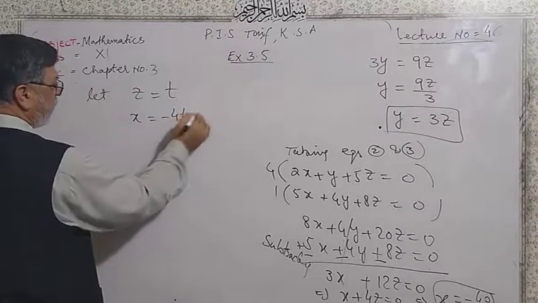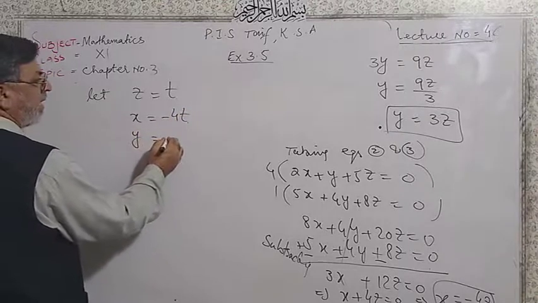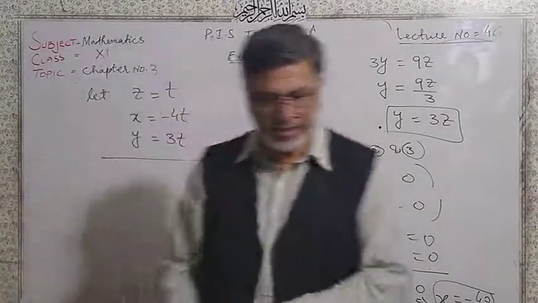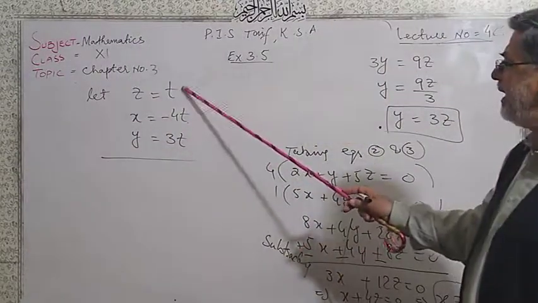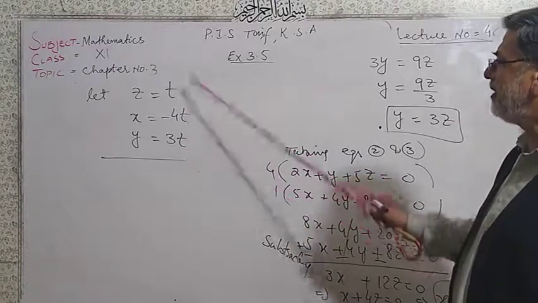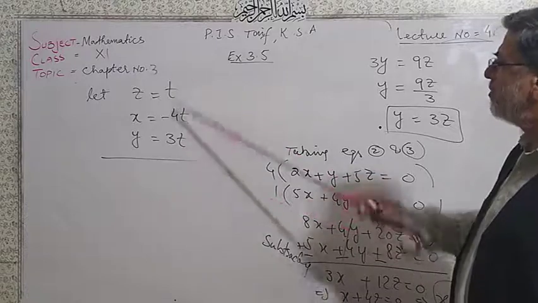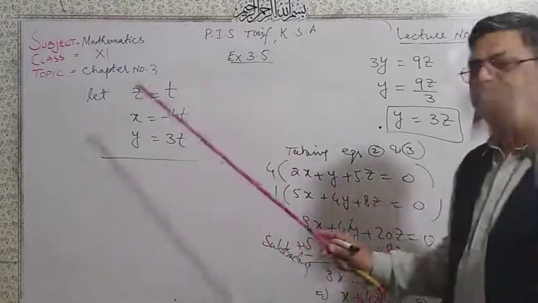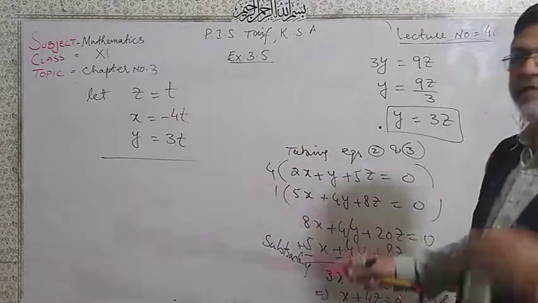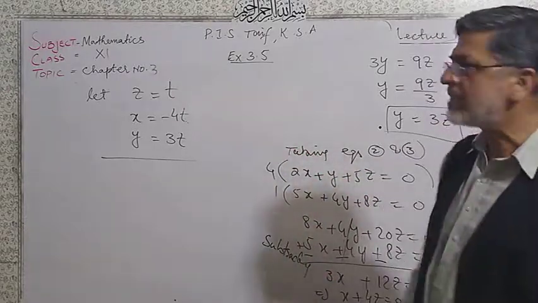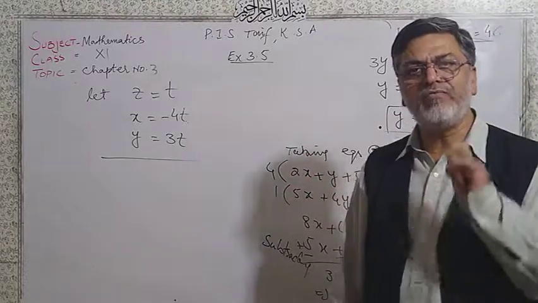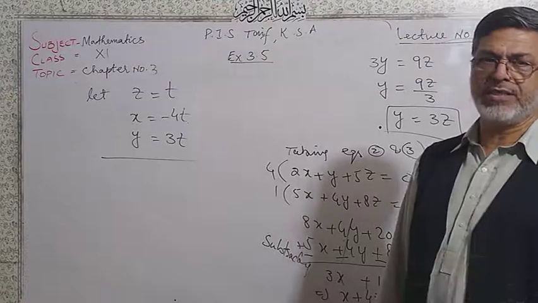That will be minus 4t and y is 3t. So if you change the value of t, suppose t is 1, x will be minus 4 and y will be 3. You take t is equal to 2 and you will find another set of answers. You put t as 5, you will have another set of answers. So in such questions, you will have infinitely many solutions.